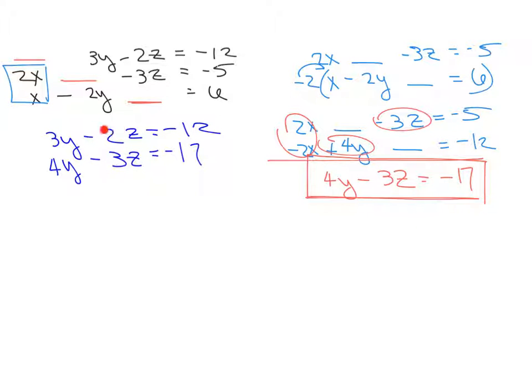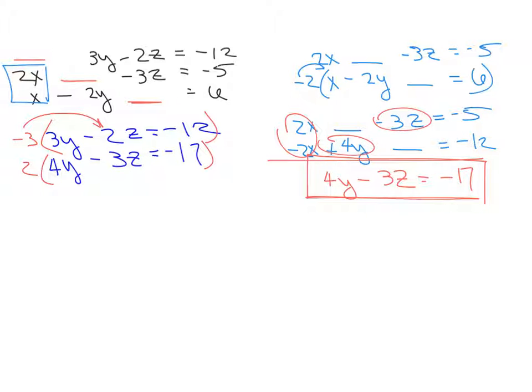And I need to make this one a positive 6 and this one a negative 6 so that they cancel. Alright, so let's see. I'm going to take and multiply this one. It has to be a positive 6. So that's got to be a negative 3 so that when I multiply that I get a positive 6. And this one here, I'm just going to multiply it by 2 because when I multiply I'm going to get a negative 6. So that's going to give me what I want.